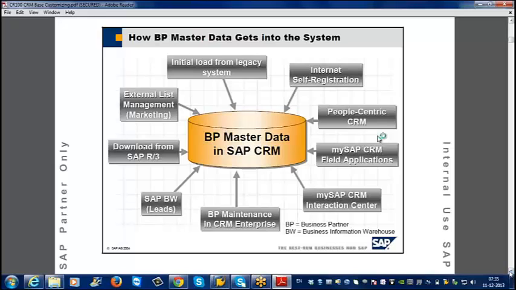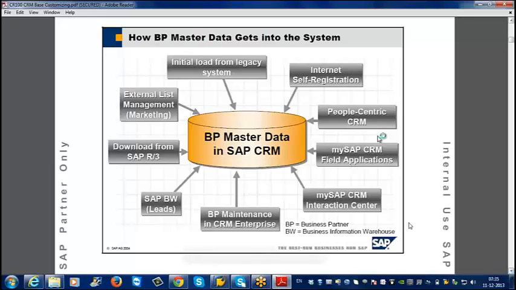If he likes the product, then while buying the product itself, the system will ask you to provide the necessary data like name, address, email ID, all that. Based on that information, the system will create that customer as a business partner in the system. So that is one way through which you can maintain the business partner master data in the system.